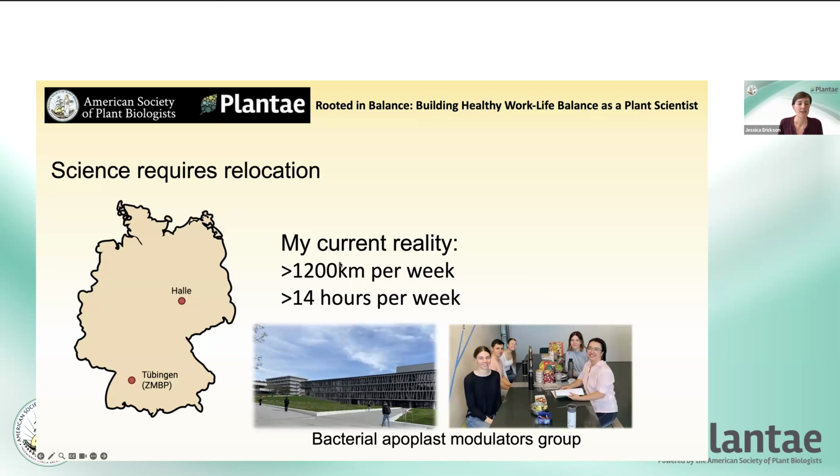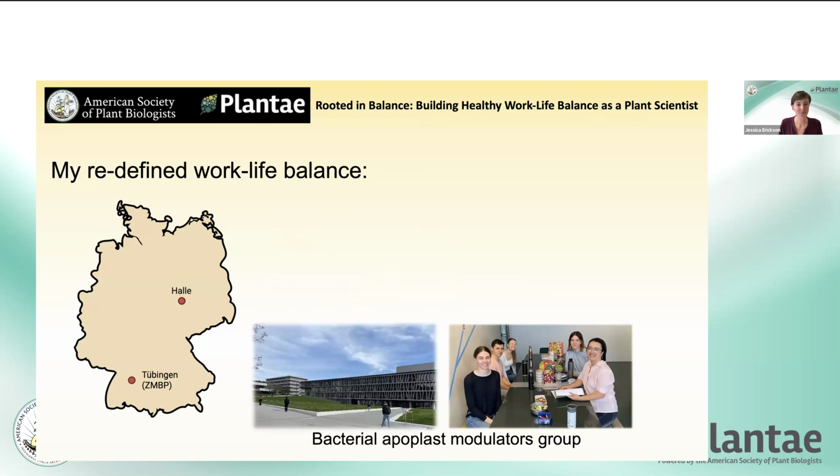So my family is in Halle. My research group is in Tübingen. So my current reality is that I actually travel more than 1,200 kilometers per week and 14 hours. But you can find balance in this if you can reassess your priorities every week, for example.